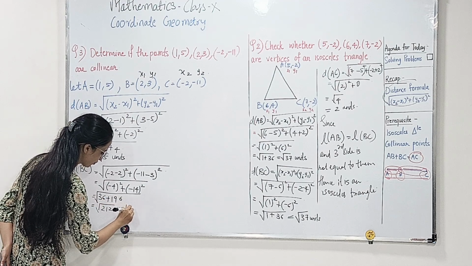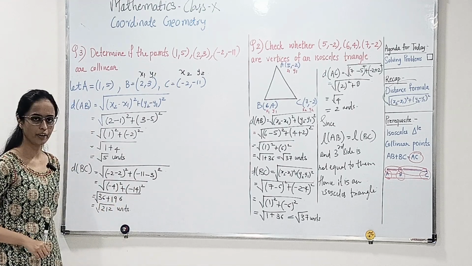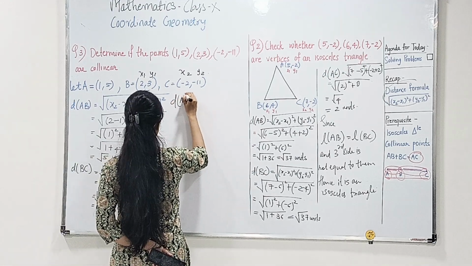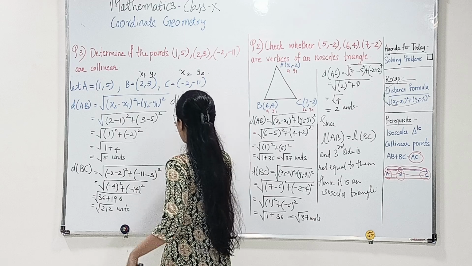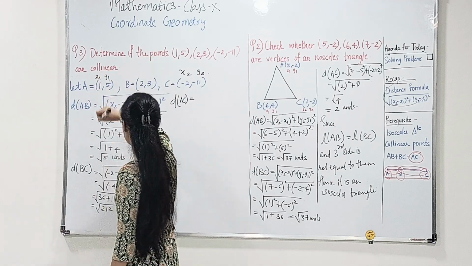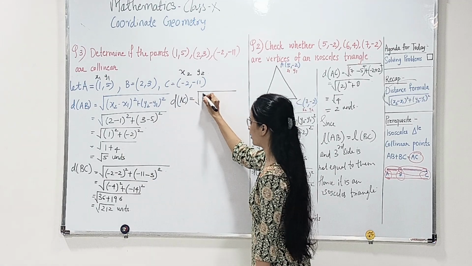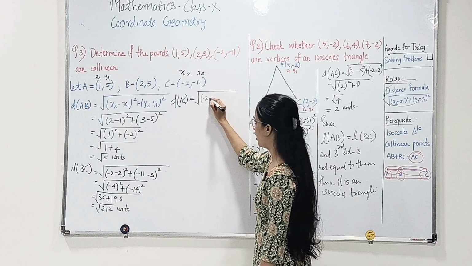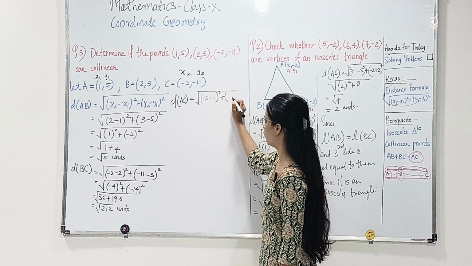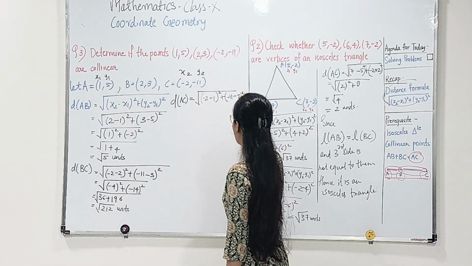So now we have got distance BC to be under root of 212 units. Similarly, we are going to calculate the third length, that is distance AC. Here C remains x2, y2, and A becomes x1, y1. So again under root of x2 is minus 2 and x1 is 1, so (x2 minus x1) the whole square, plus y2 is minus 11 and y1 is 5.